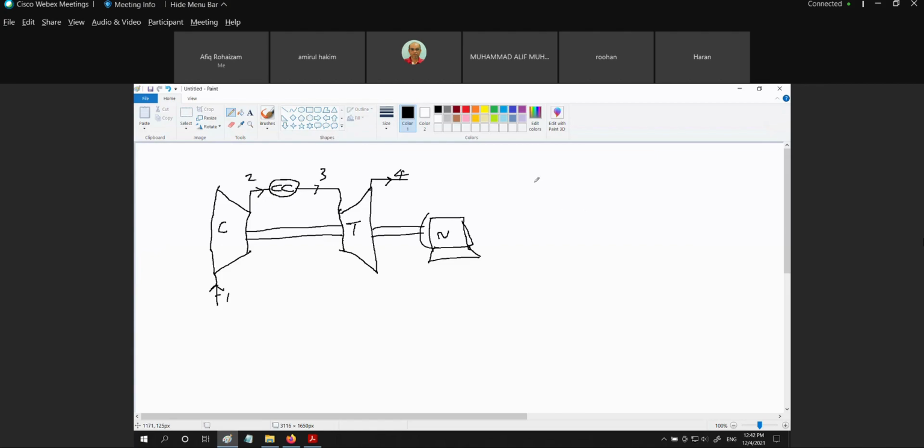All right. So now we might have the mechanical efficiency of this side, and we might have the mechanical efficiency of this side.